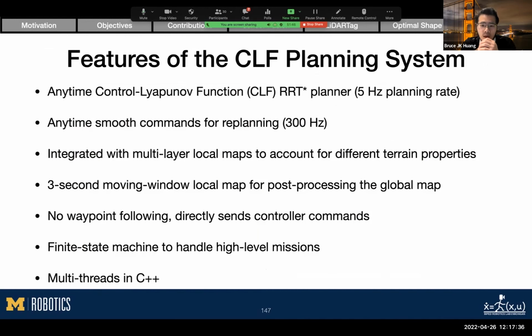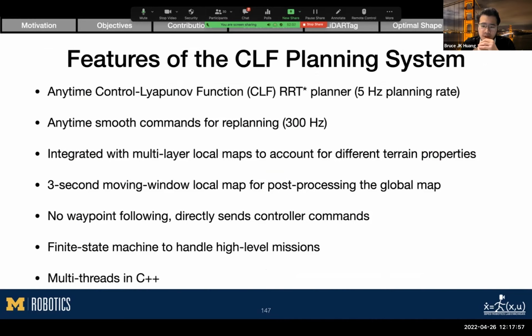To summarize, we integrate the CLF into the RRT star planner, and the automatic replanning is implemented as a reactive thread running at 300 Hertz. We also have multi-layer local maps to account for different terrain properties so that we can compute locomotion costs for our Cassie robot.